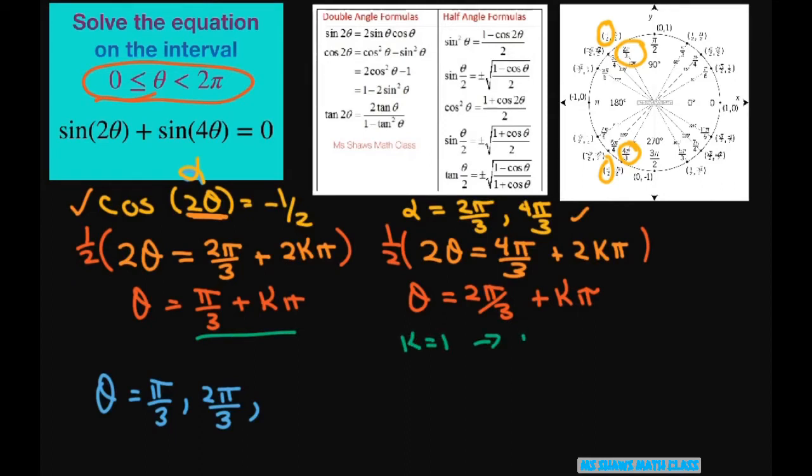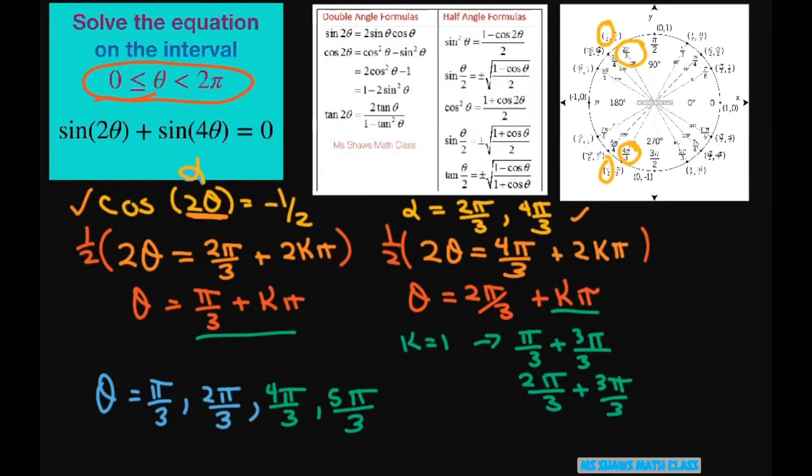We're going to get pi divided by 3 plus pi, or I can write this as 3 pi divided by 3. That gives me 4 pi divided by 3. And if k is 1 for this one, we'll get 2 pi divided by 3 plus 3 pi divided by 3, and that's going to be 5 pi divided by 3.